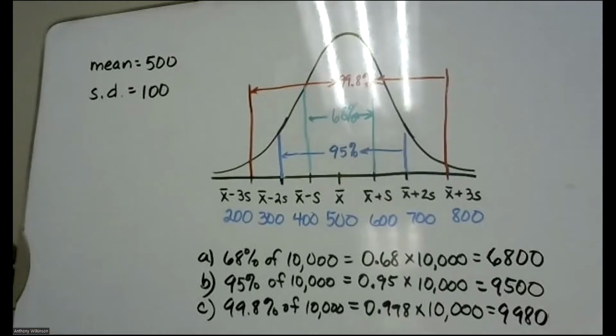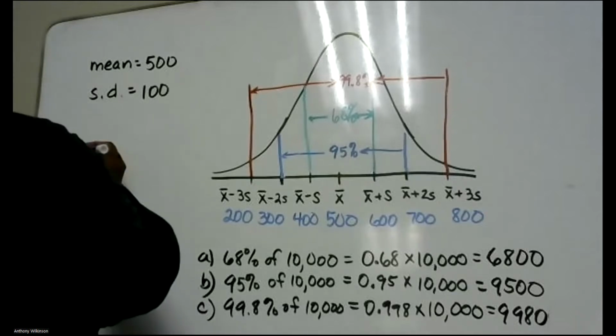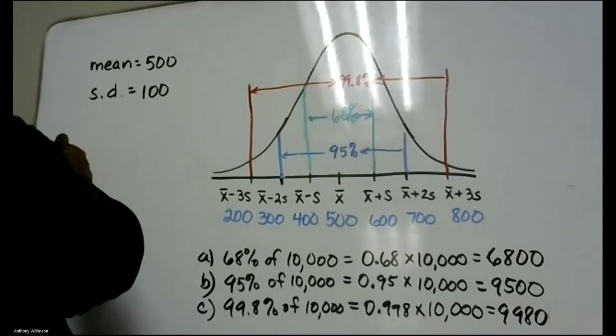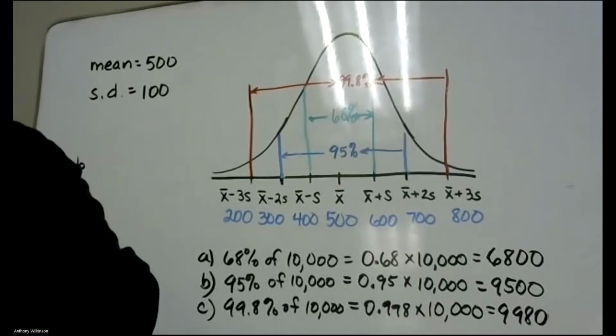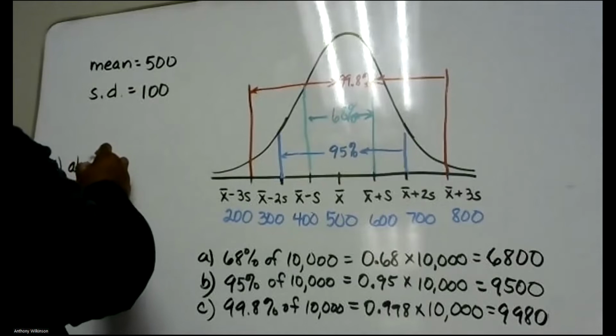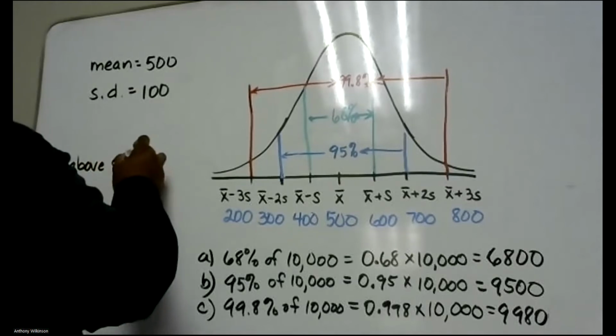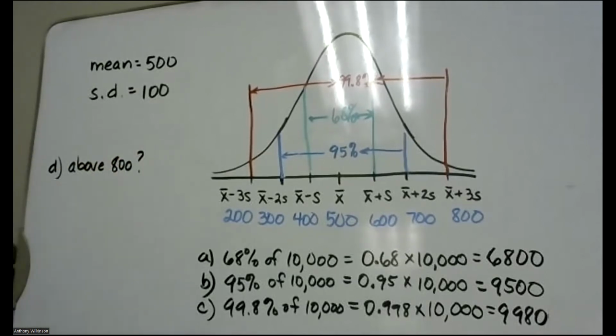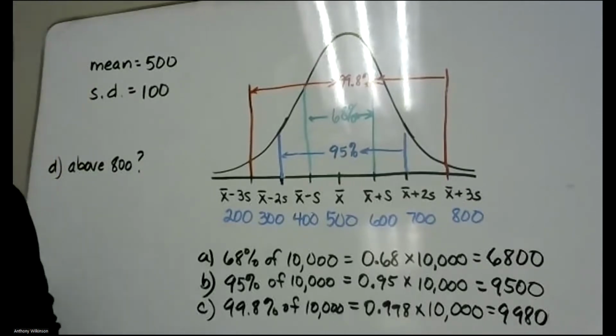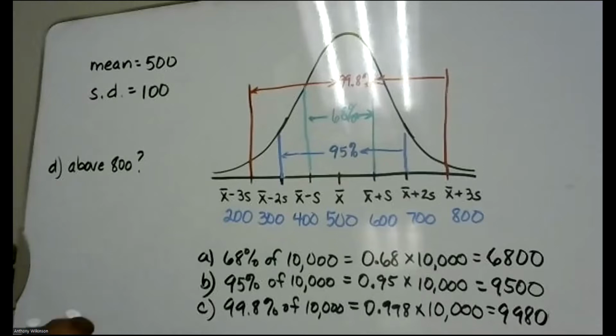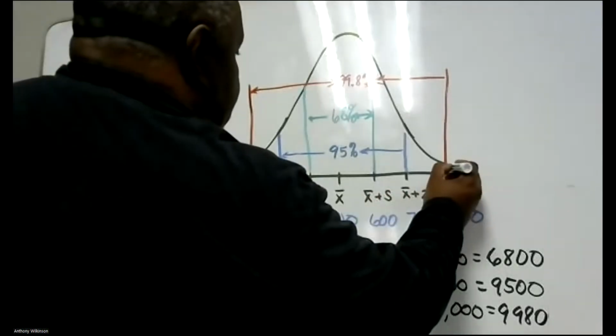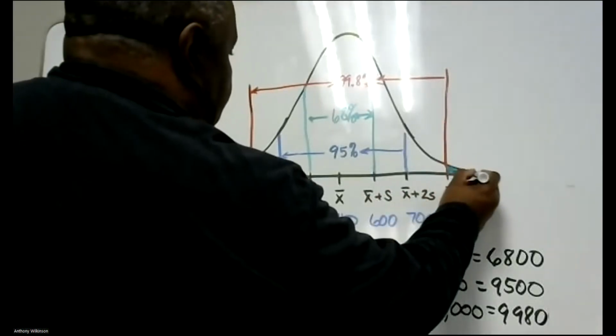Now, part D is this. How many scored above 800? So in other words, we're looking for this number right here, this range right here.